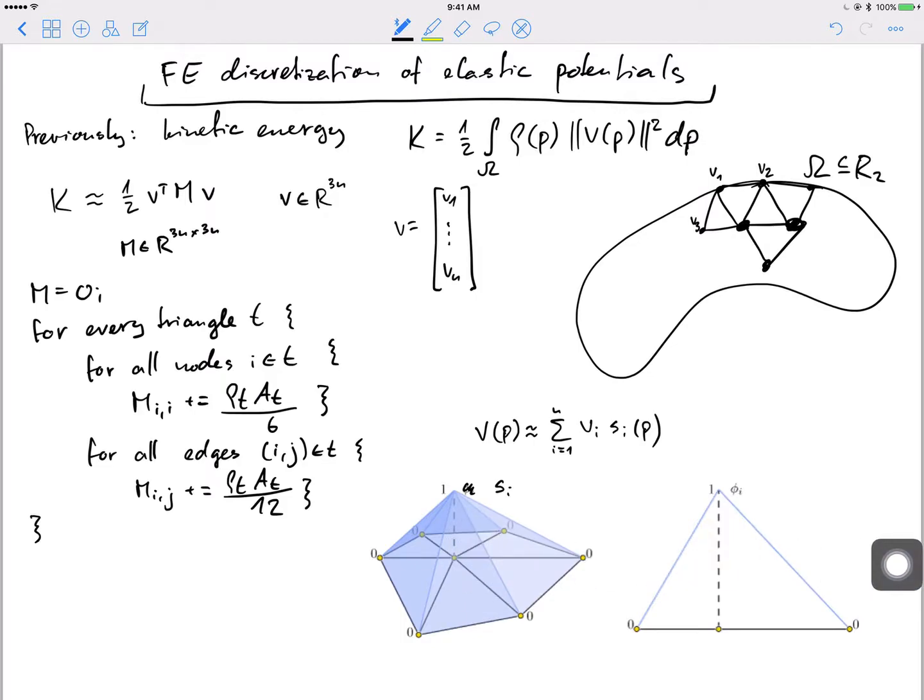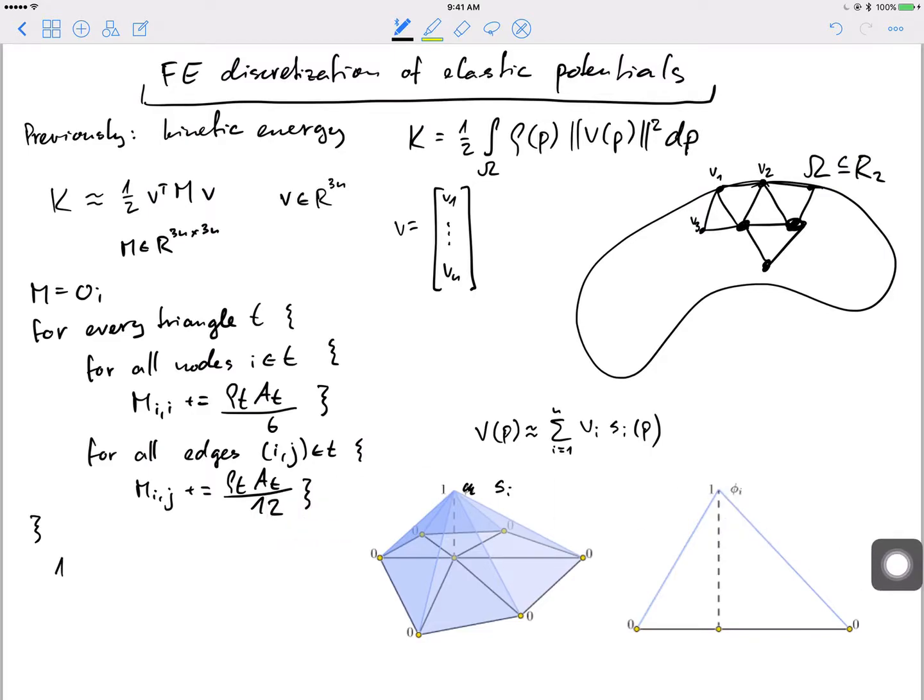And I also said that often people approximate this mass matrix with a lumped mass matrix. The idea of lumping basically is that the off-diagonal elements, you lump them onto the diagonal. Because rho_t times the area, that's the mass of triangle number t, the numerator is the same in both.